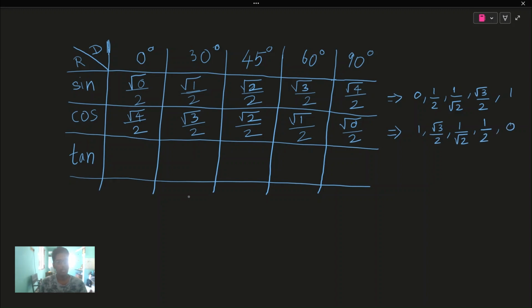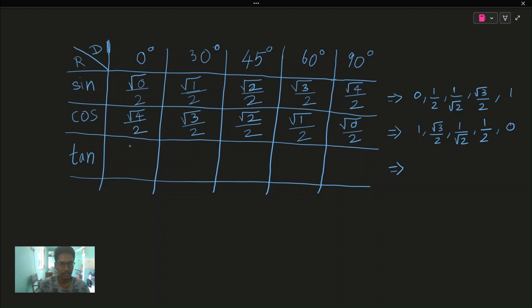So you all know that tan is a derived quantity which is sine by cos. So for filling the tan table, you put the sine value in numerator and cos value in denominator.